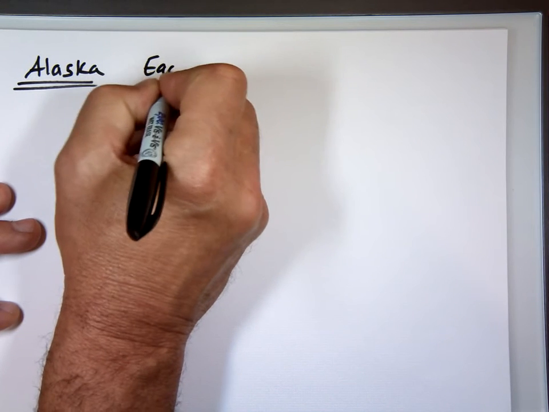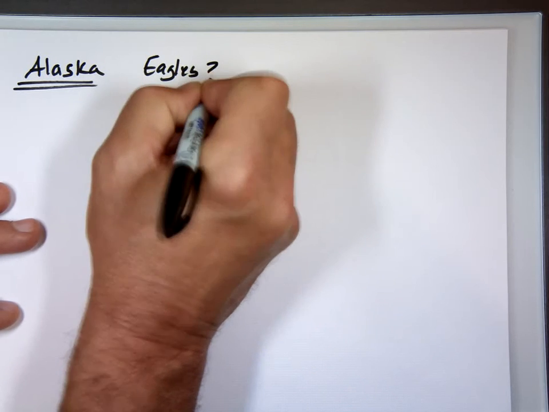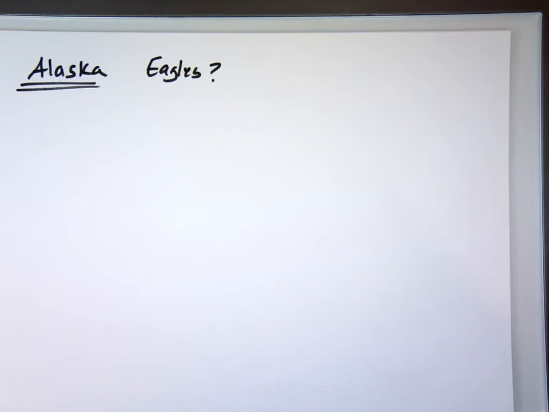How many bald eagles do we have in Alaska? Does anyone know? Nobody. We try to estimate how many bald eagles or how many grizzly bears we have in Alaska. That number is unknown.